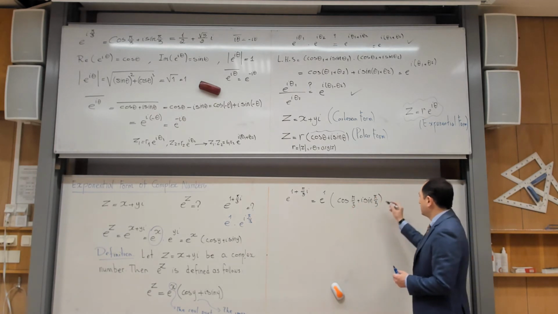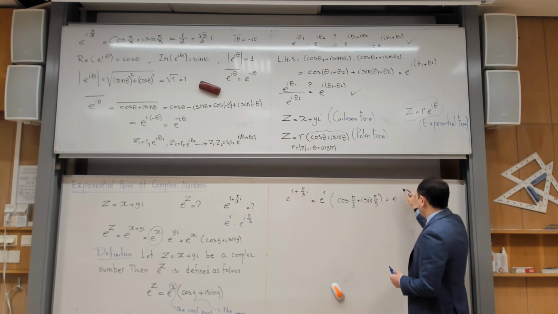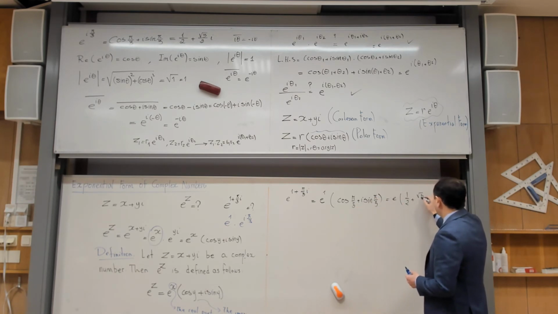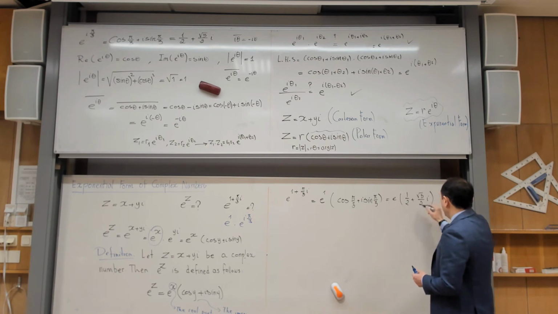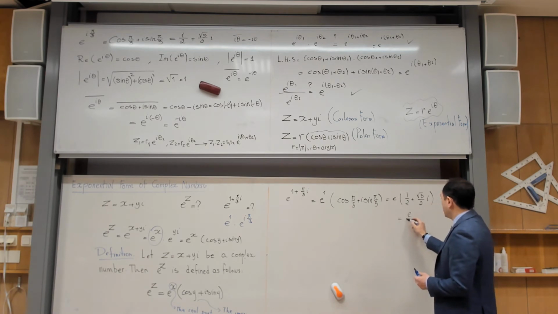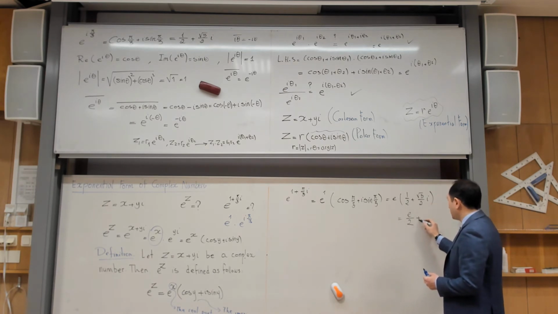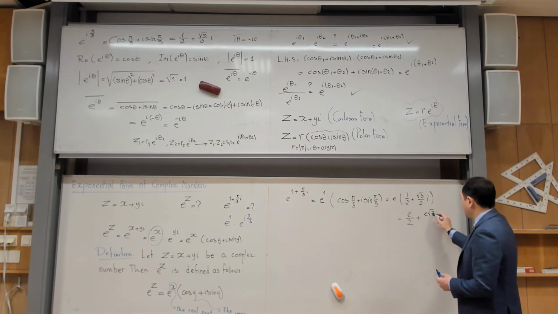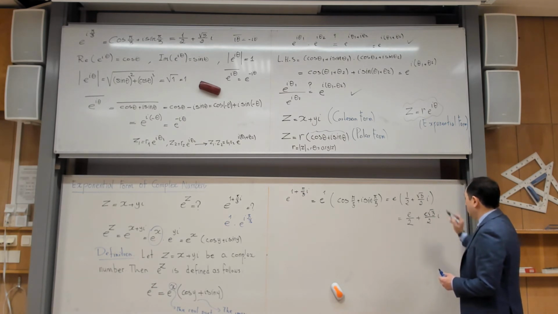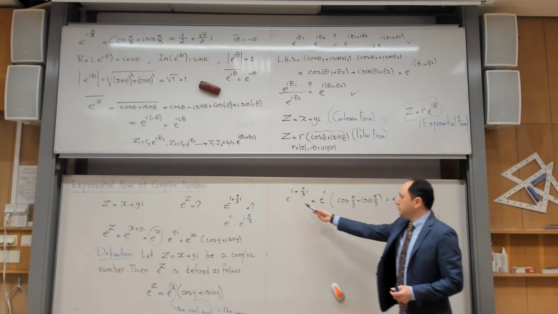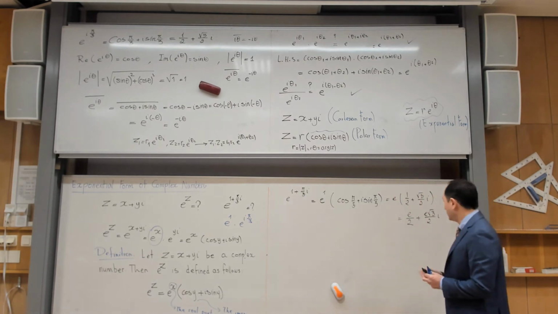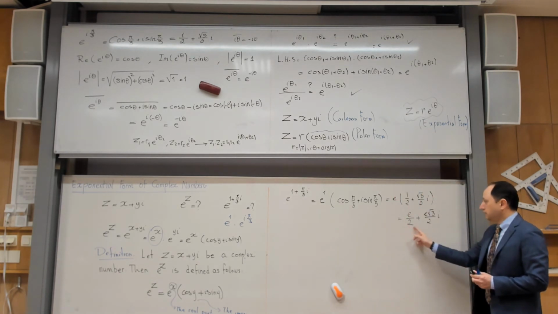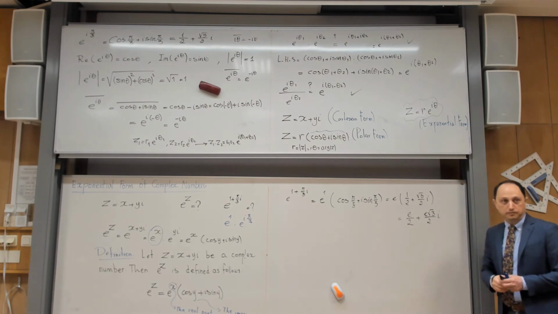So this becomes e to the power of 1, which is e, but this number is 1/2, and that number is the square root of 3 over 2i, and I prefer now to multiply, so it becomes e over 2 plus e square root of 3 over 2i. So that complex number written in this exponential form, if you want to write it in a standard form, it is this complex number.